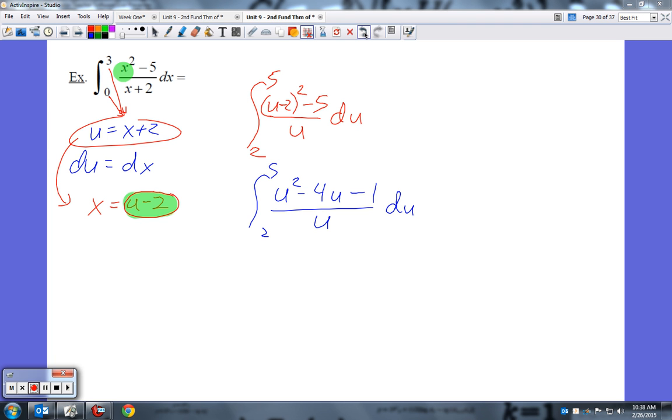Couldn't we do this? Yes. This will be u squared over u minus 4u over u minus 1 over u. Simplify still before integrating. So I technically have the integral from 2 to 5 of u minus 4 minus 1 over u.